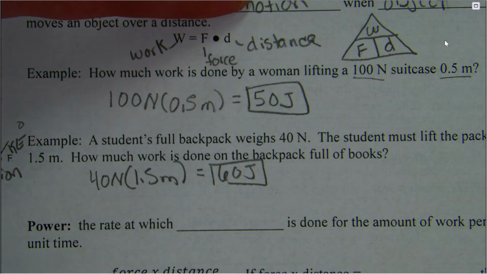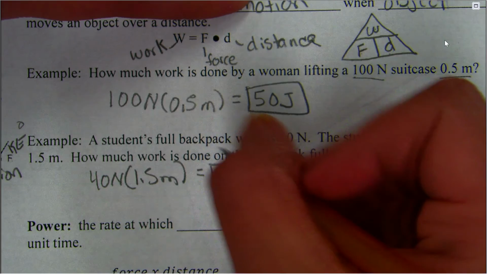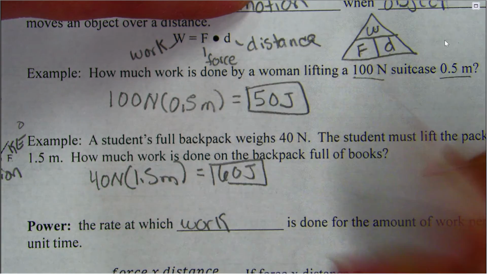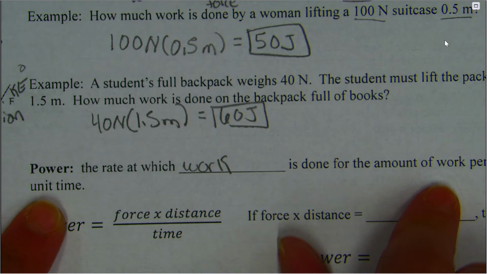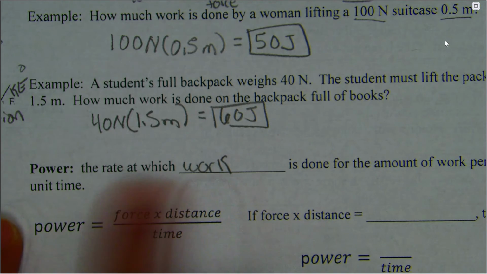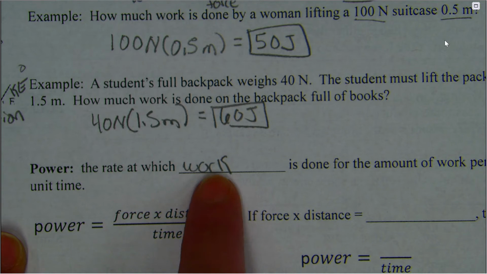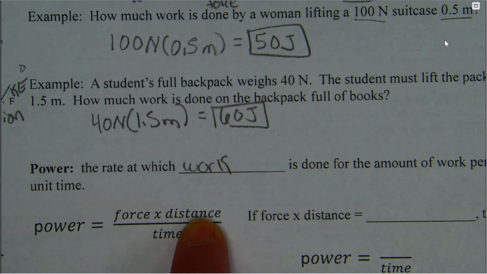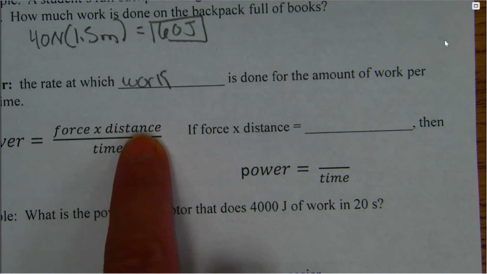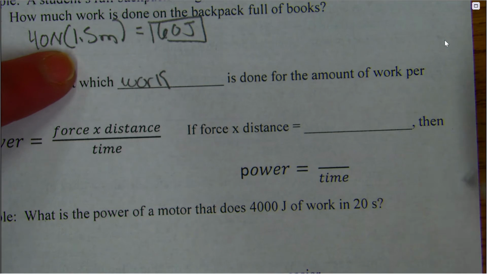So power is the rate at which work can be done in a given amount of time. So power is the relationship between work and time. So if work is force times distance, then I can rearrange my equation here.